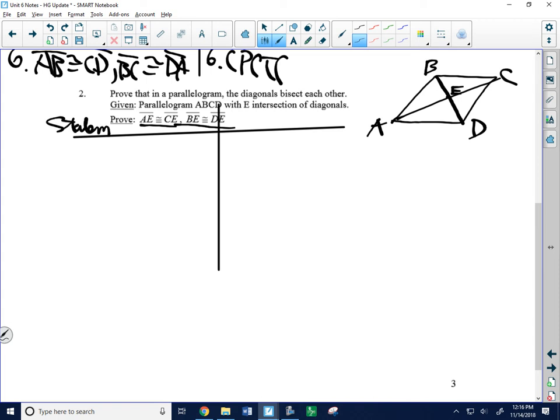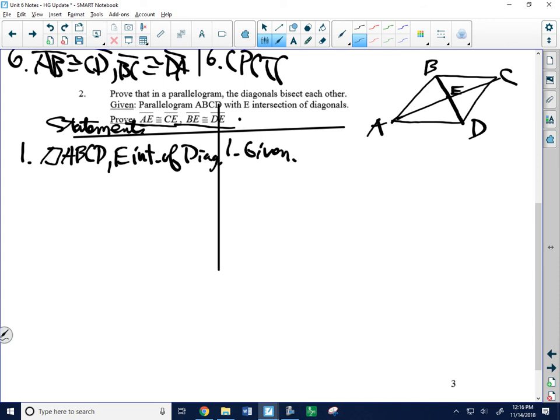So let's set this up. Given this parallelogram with E the intersection, show that these parts, AE to CE is congruent and BE to DE.